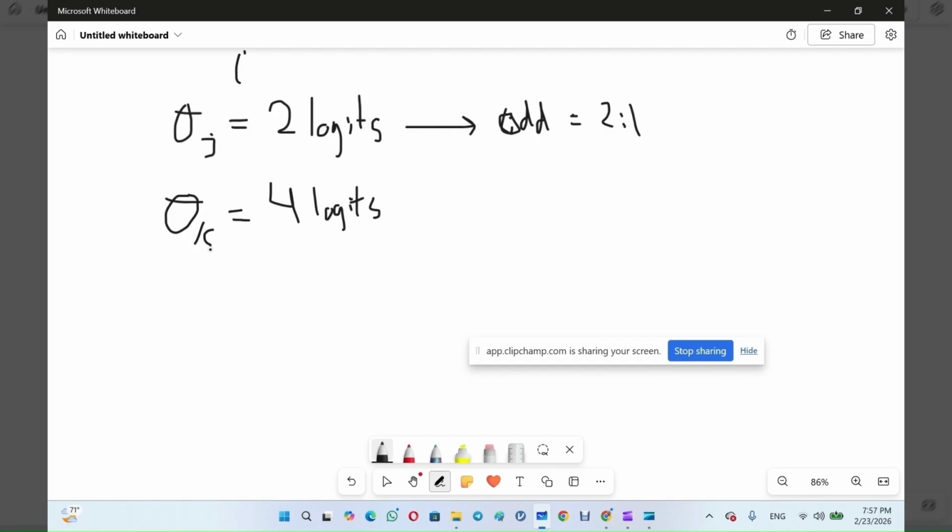What would be the probability of answering that same question I by person K, who has the ability level theta K? The ability level is 4 logits here. So it increased by 2. What will that be? This will be 2 multiplied by the difference in ability level, which is 4 minus 2.